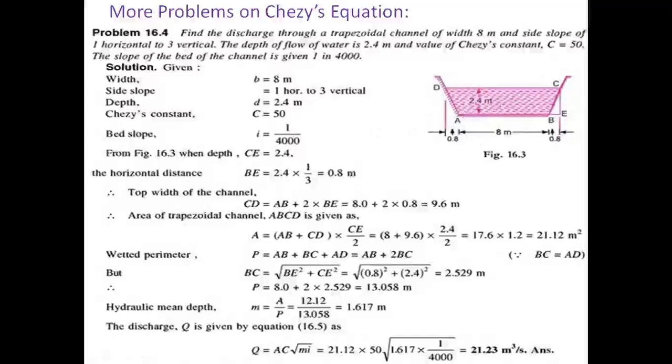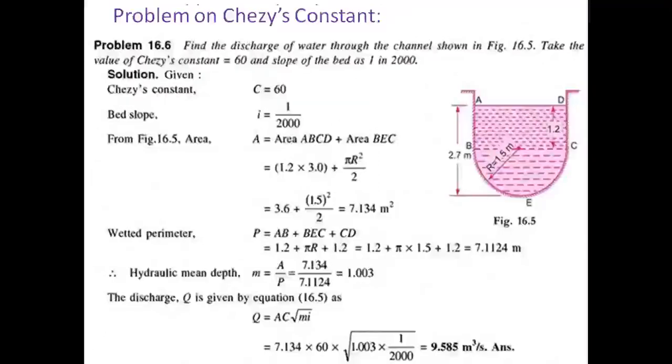Going to the next problem. This is one shape of a channel. Half of the channel is a rectangular channel, and the remaining half is a semicircular channel. For this kind of channel, the question asks us to find the discharge of water, that is, how much discharge will pass through the channel.